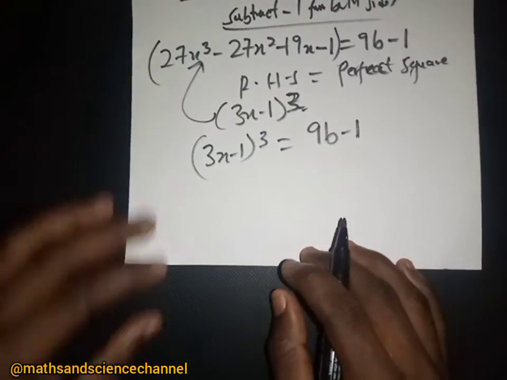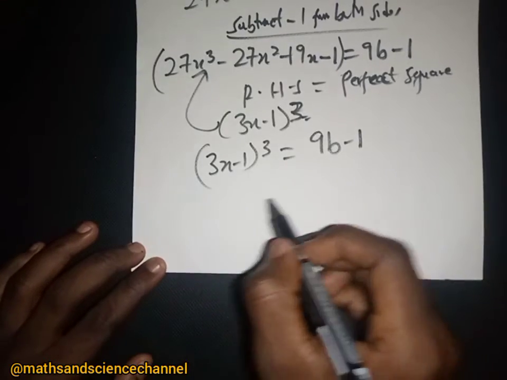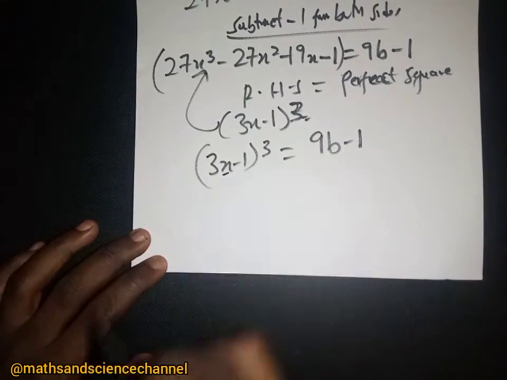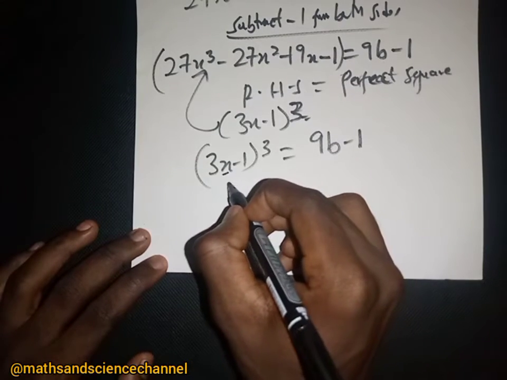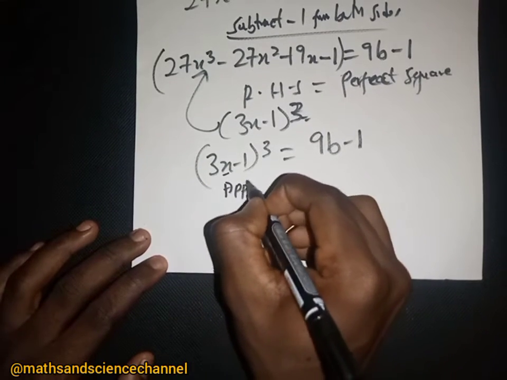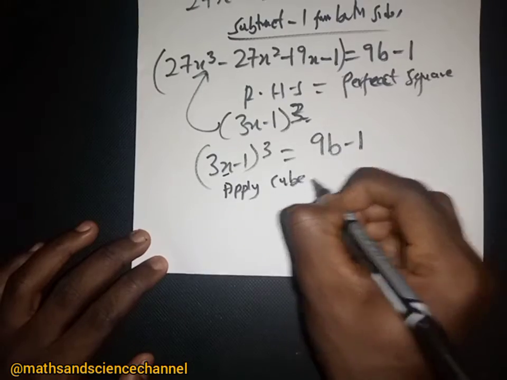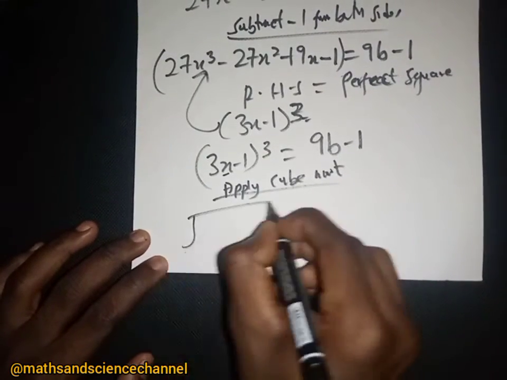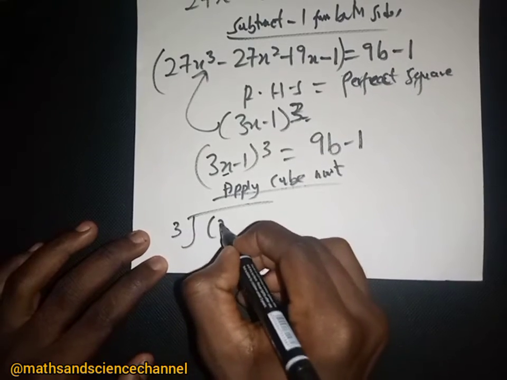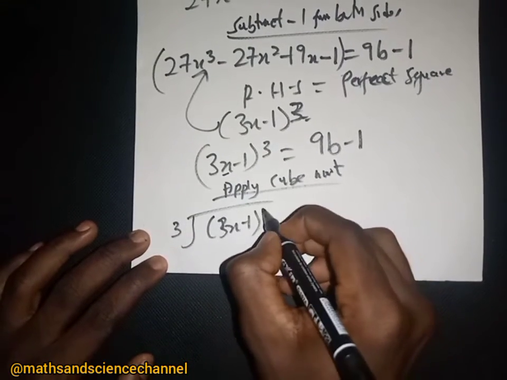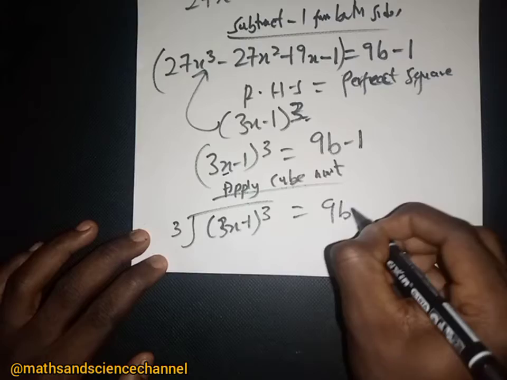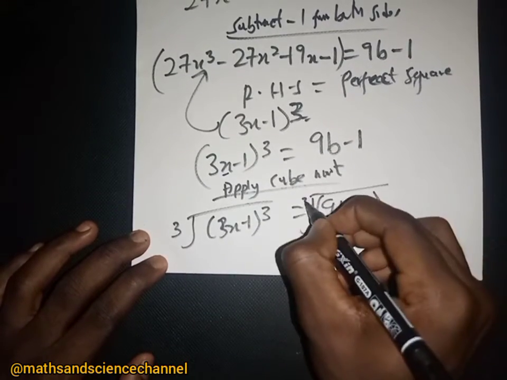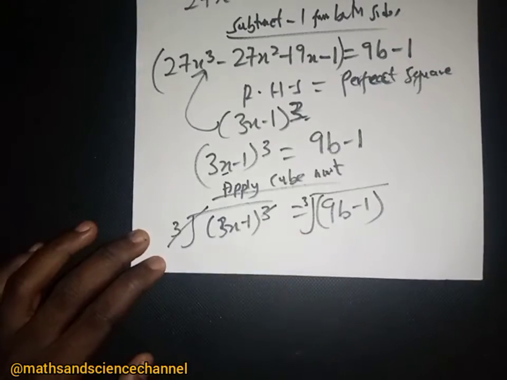Okay, so from here, in order to find the value of x, we just apply cube root to both sides. So we apply cube root, so we have the cube root of 3x minus 1 cubed here, and the cube root of 9b minus 1 here. So this gets rid of that.